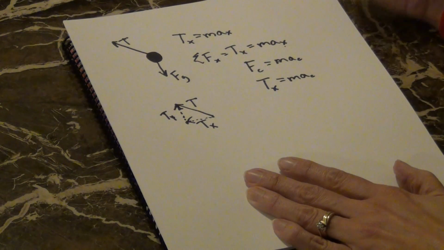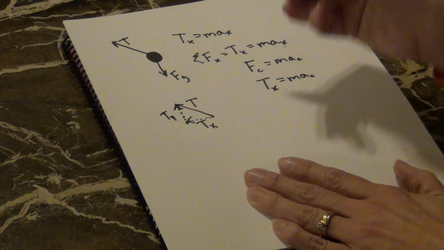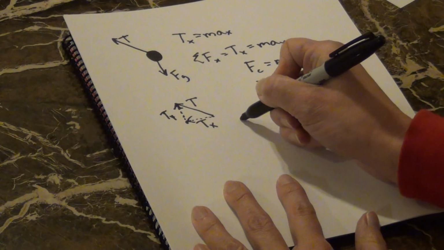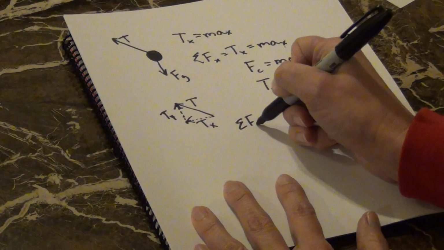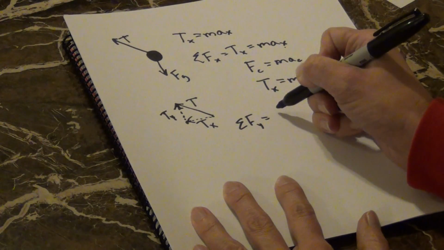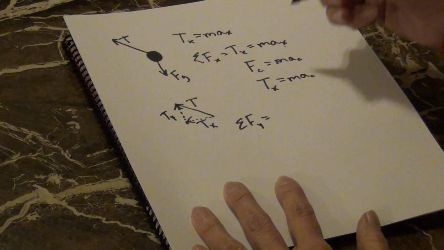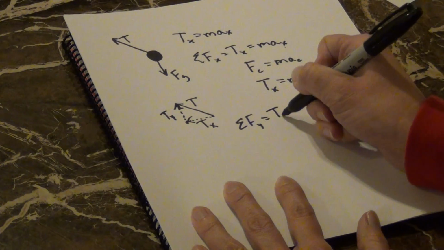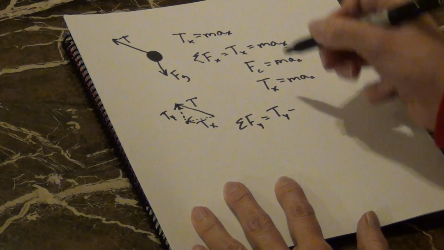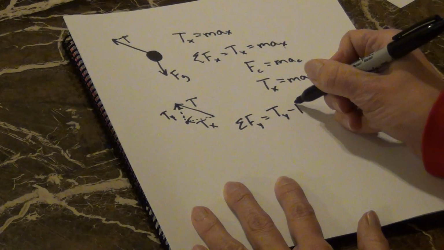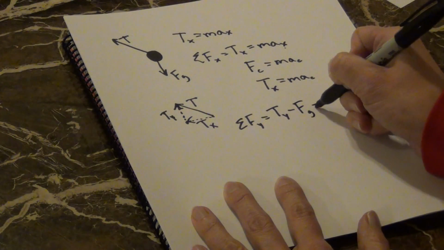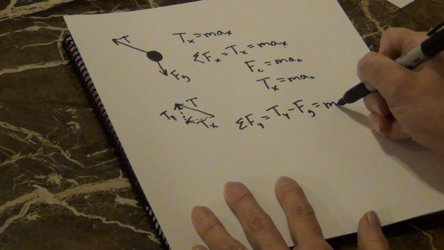Then if we look at the y direction, the summation of forces in the y direction equals, well, we have two things acting on it in the y direction. We have tension in the y direction minus the force of gravity pulling the piggy down, and that is equal to may.